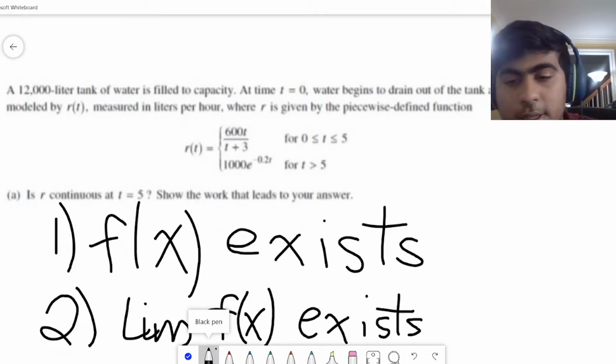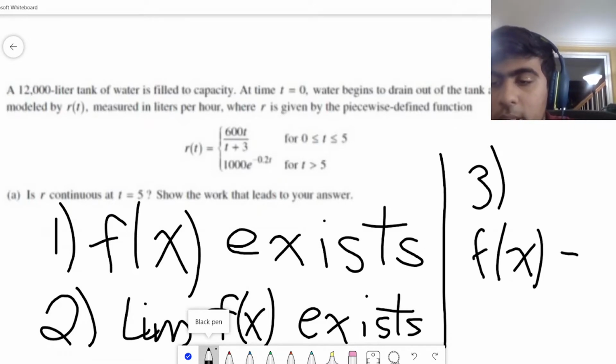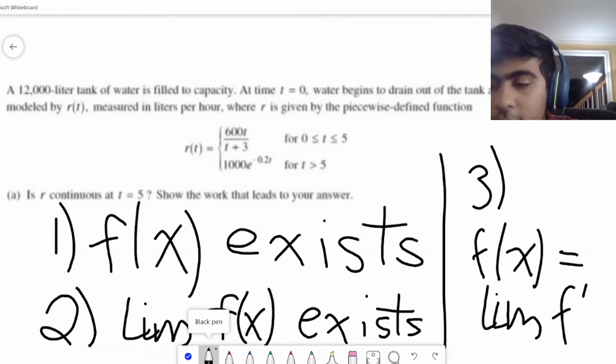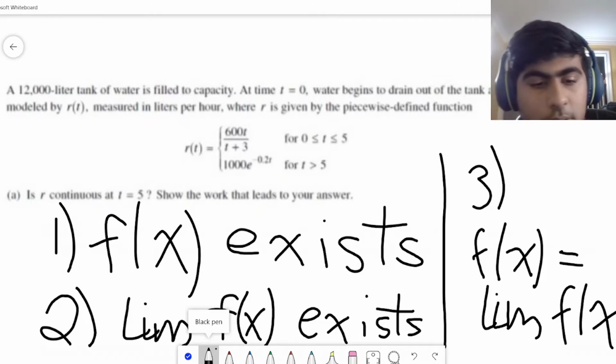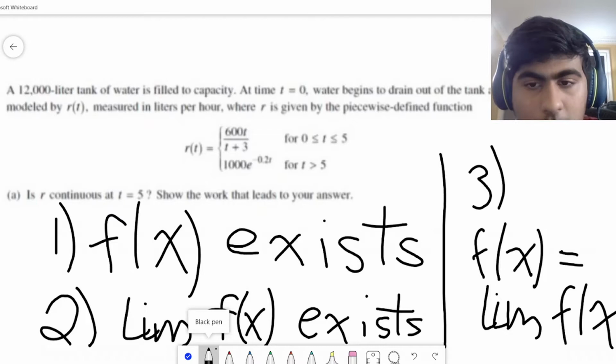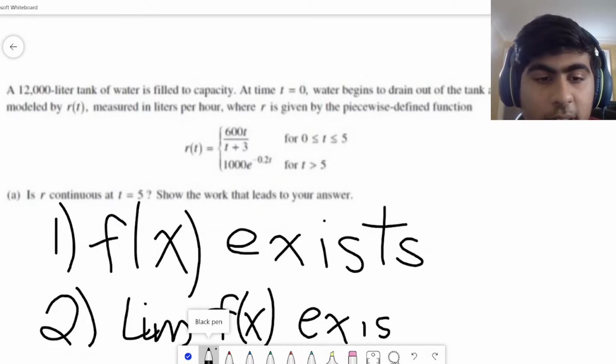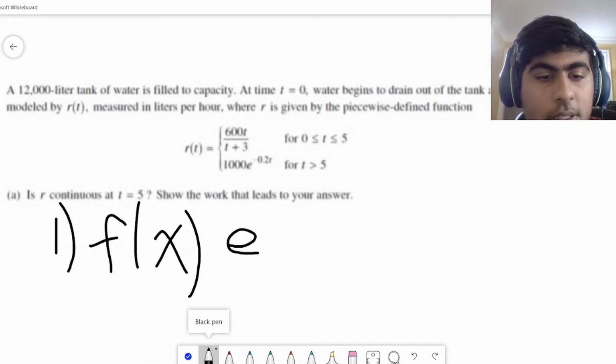And our third criterion was that f of x equals the limit of f of x. So with that in mind, let's go through these criteria one by one and see if this function fulfills all of them. Remember, it has to fulfill every single one of them to be continuous.